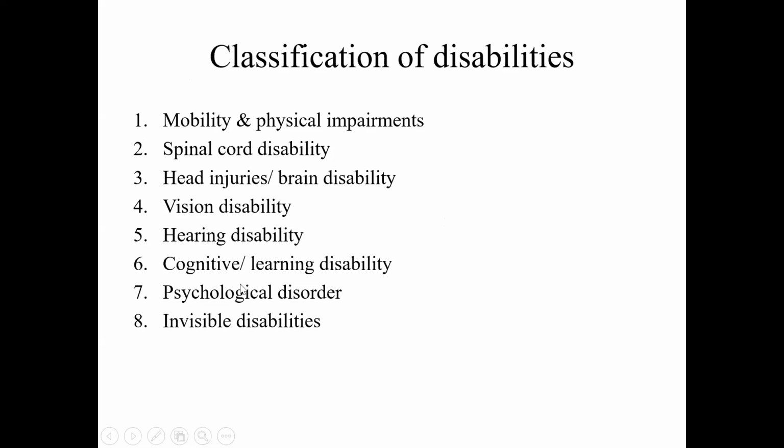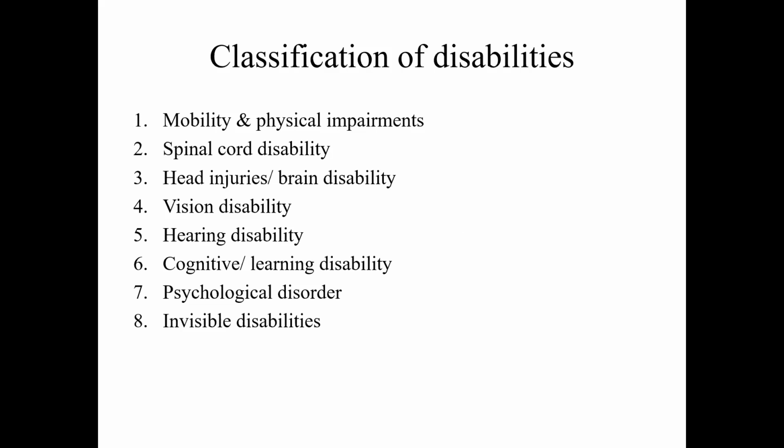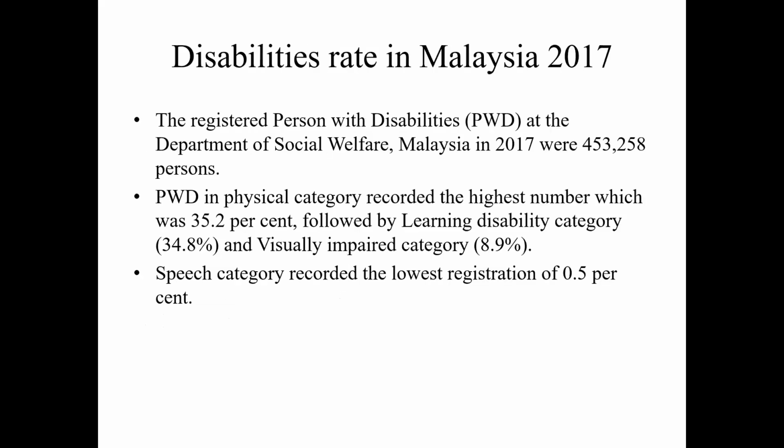Is that clear? So if any person is not able to do a certain function, then according to the classification, we will bring them into any one of these classifications. Okay. So this is what WHO has done. Whether Malaysia is following WHO? Yes, Malaysia is also following WHO classifications.